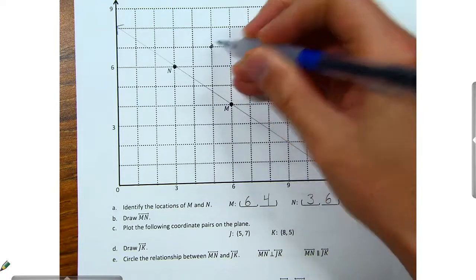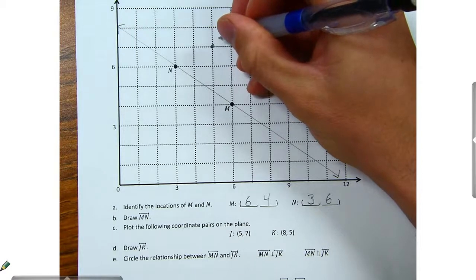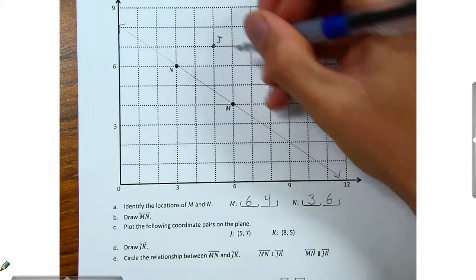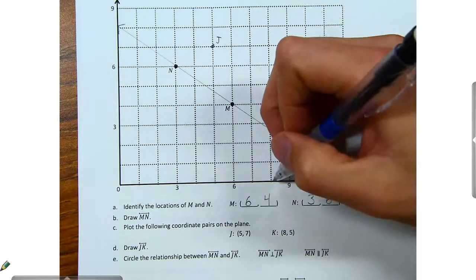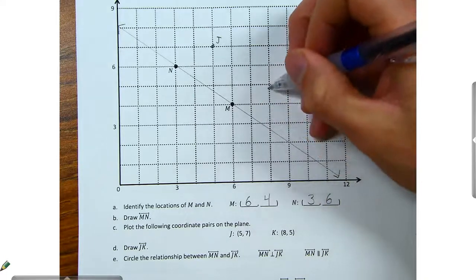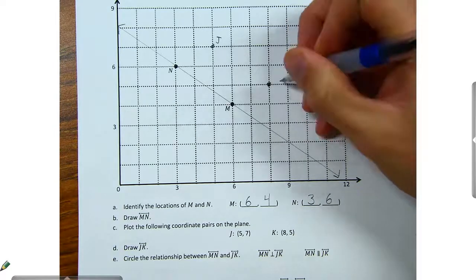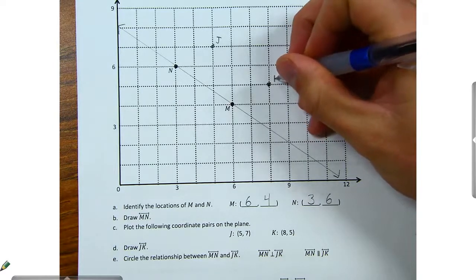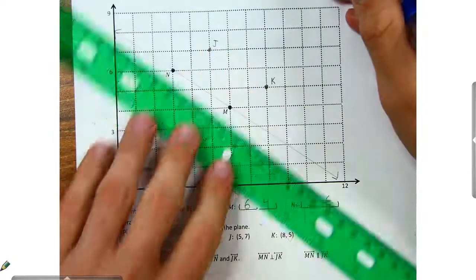So I'll make a point there, and then this is now the point J. And then I have point K, which is 8, 5. 8 and 5. K. And now I'm going to draw a line JK here.